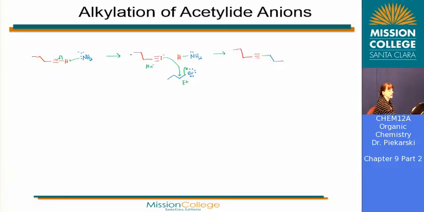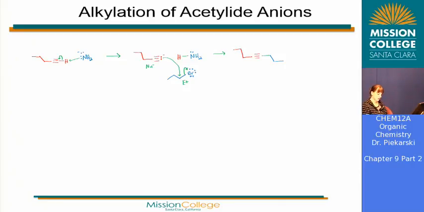So let's double check. 1, 2, 3, 4, 5, 6, 7, 8. 1, 2, 3, 4, 5, 6, 7, 8. So I drew the correct number of carbons, and it looks like we have grown our starting material by 3 carbons. So you can see how we can use this particular reaction to our advantage, especially in multi-step synthesis when we're trying to synthesize from small starting material and then grow.